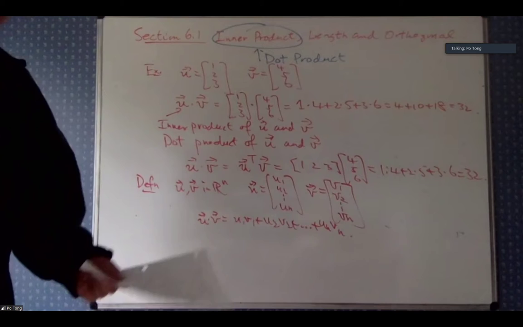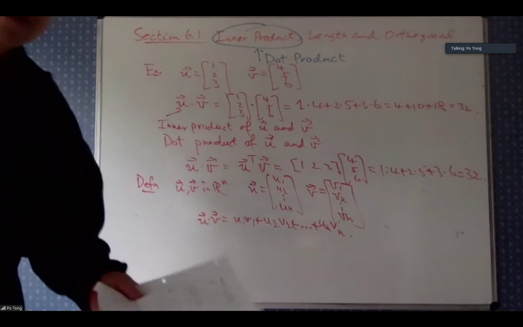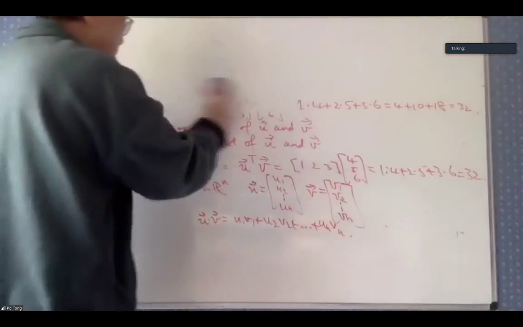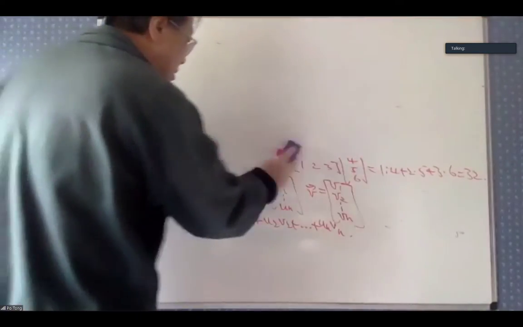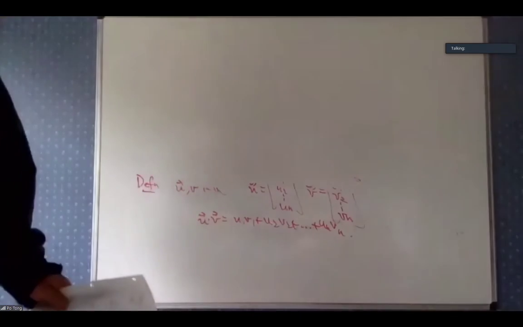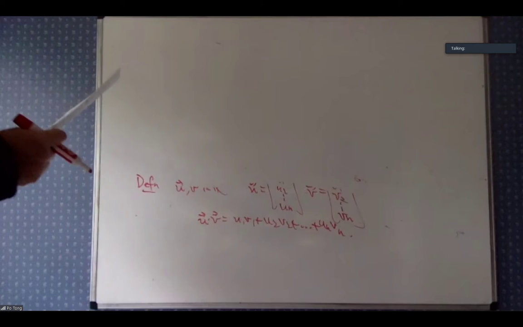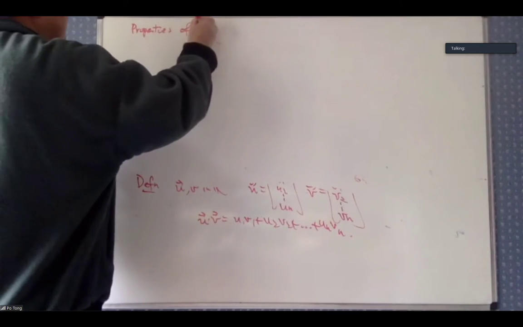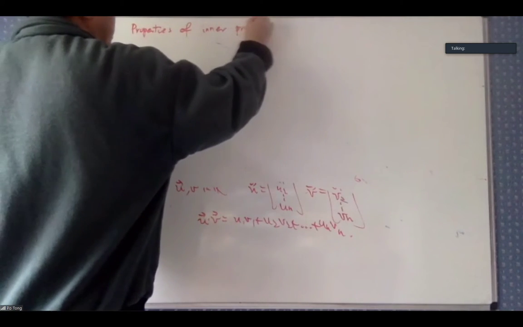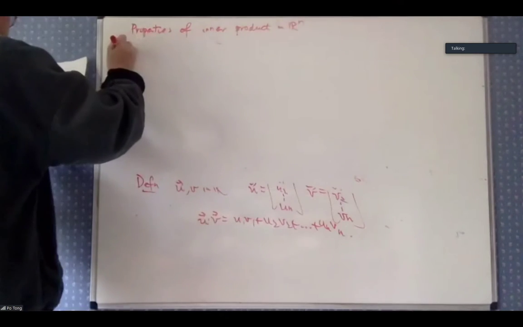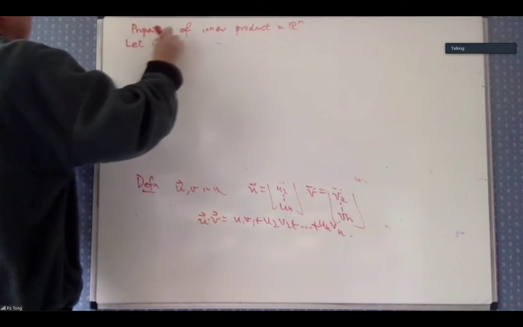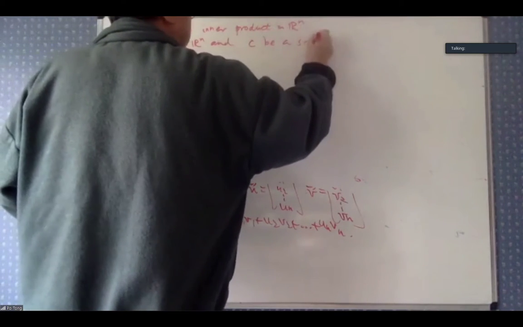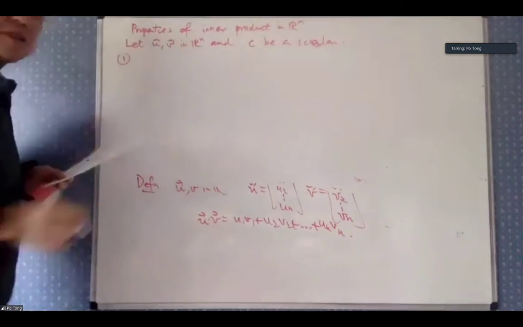I'm going to go a little bit fast because this is somewhat straightforward. These properties are very straightforward, so I just write them down quickly.